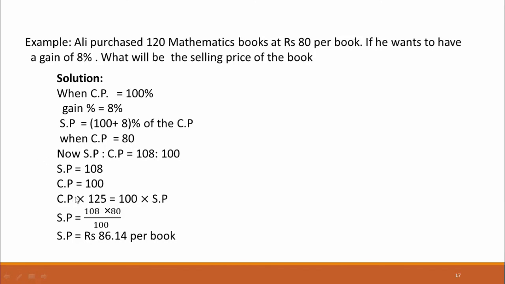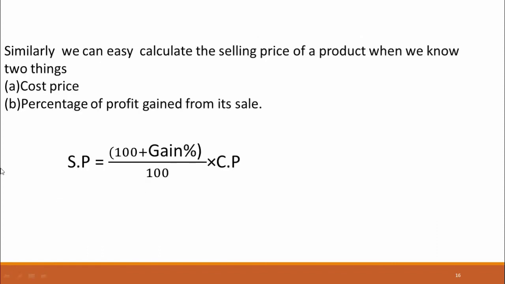And now the selling price is equal to 108 multiplied by 80 divided by 100. So the selling price after simplification we obtain 86.14 per book.